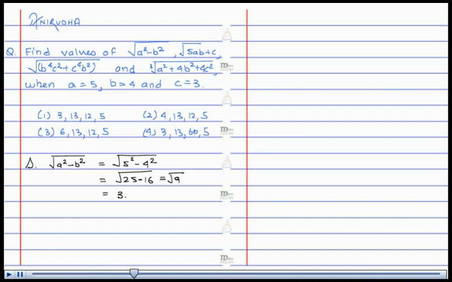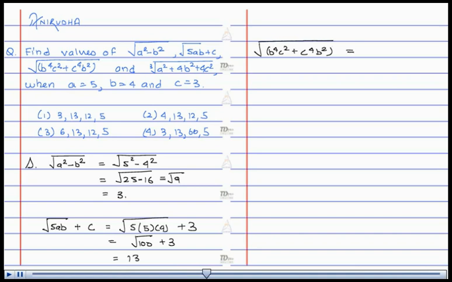Now the next expression to be evaluated is under root 5ab plus c, or under root 5 times 5 into 4 plus 3, or under root 100 plus 3, which is equal to 13.